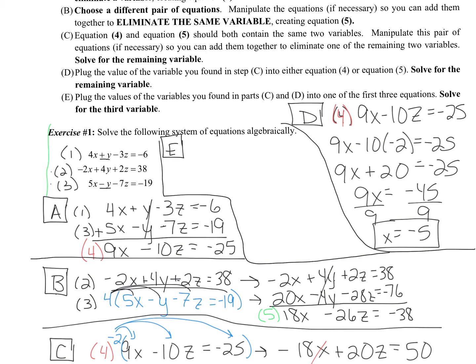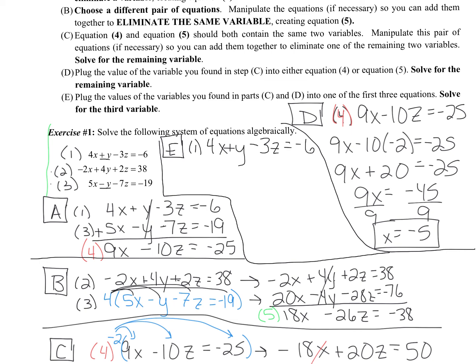It says plug the values of the variables you found in C and D, so z equals negative 2, x equals negative 5, into one of the first three equations. All the equations look pretty similar. I'm going to choose equation 1, and I'll just write it down. So 4x plus y minus 3z equals negative 6.